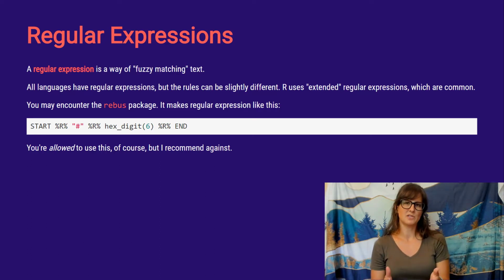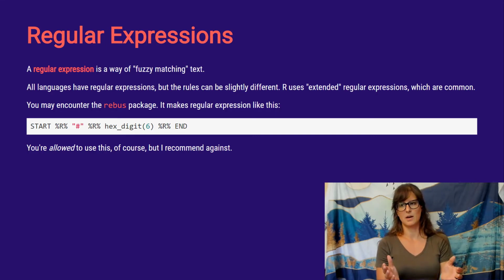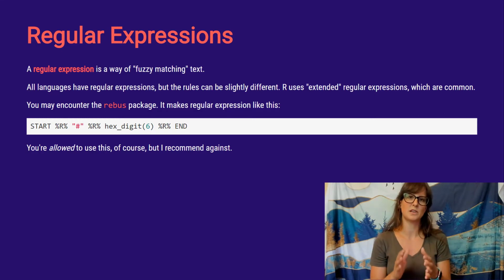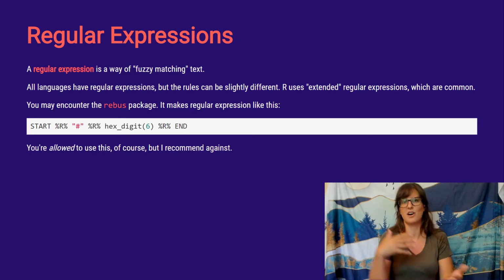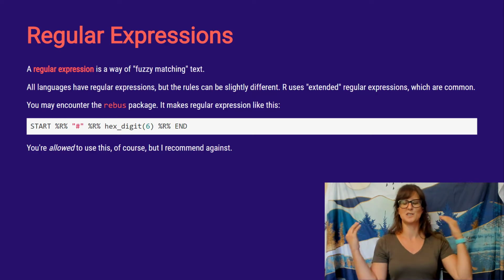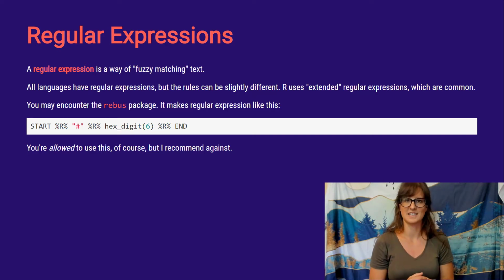So you are allowed to use Rebus and Rebus-style regular expressions. Certainly I won't tell you not to. But I don't particularly recommend it. I don't personally really like it, and it's not how I'm going to teach you today. But I do want you to be aware of this in case you Google for help, encounter something that looks like it's in R, looks like it's the context you're interested in, but that regular expression looks totally different from anything you saw in class.